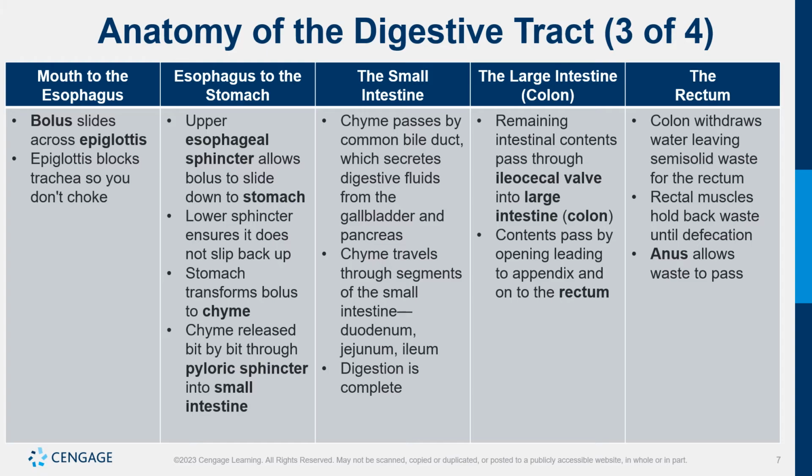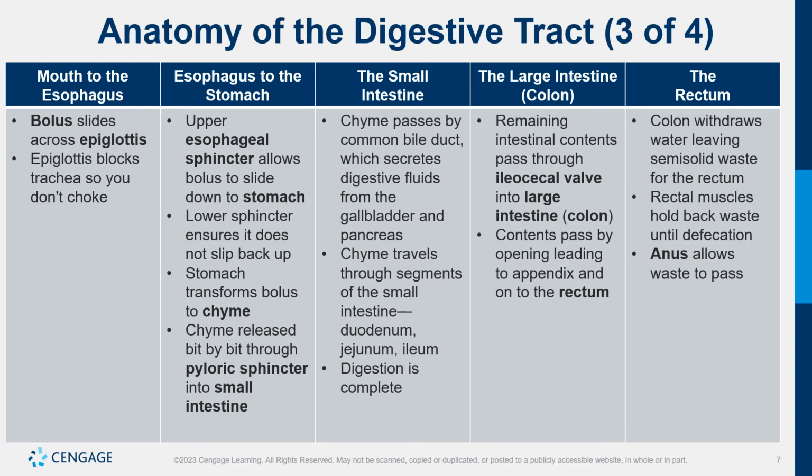The chyme travels through the segments of the small intestine so that it slowly gets digested into its smallest components of sugars, amino acids, fatty acids, and triglycerides to complete digestion. Once it passes through the duodenum, jejunum, and ileum, digestion is essentially complete.